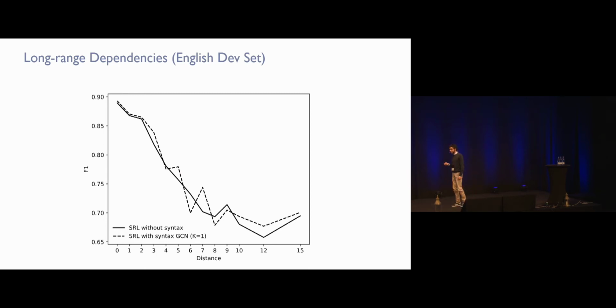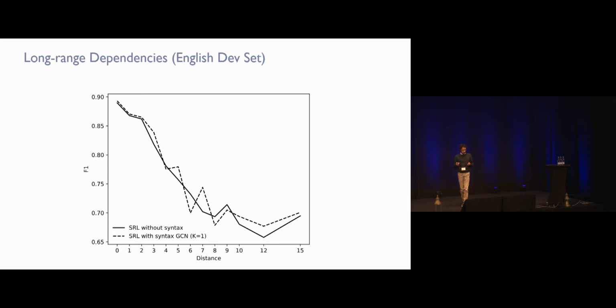So we also tested long-range dependencies. The idea that we had was that putting a GCN on top of the LSTM would give us more expressiveness for long-term dependencies. So we calculated the F1 as a function of the distance of the argument to the predicate.